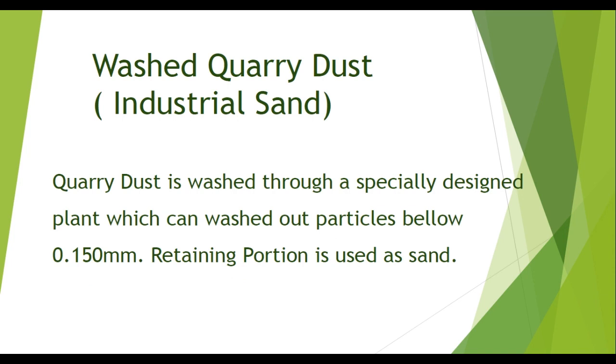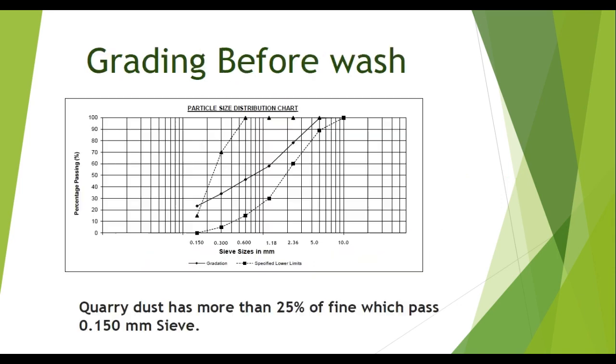Finally, washed quarry dust. Normal quarry dust from the crusher plants we can wash and remove the material finer than 0.150 millimeter, and the remaining part we can take as industrial sand. We normally call that M sand. This is the before-wash grading. You can see some fine material is there.